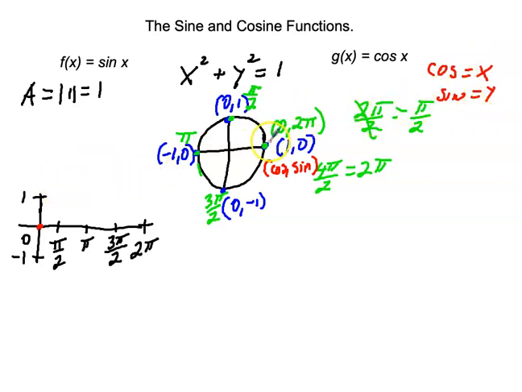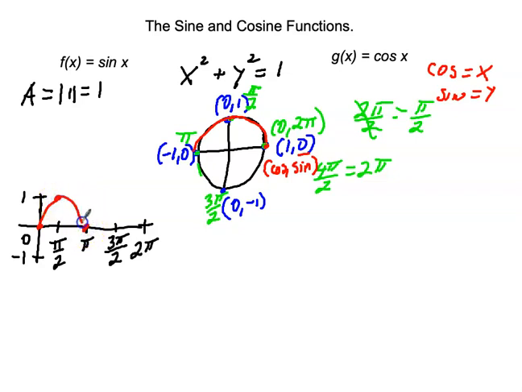Now if you start at this point and go around the circle, and we are graphing the sine function, we're going to start at 0. As we're moving around the circle, at the next point, pi over 2, the sine is 1. Then we continue moving towards pi, and the sine is going to be 0 again.